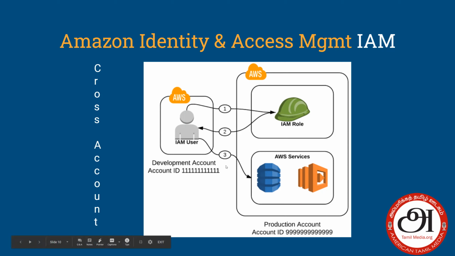And in addition to that, you can also grant them cross account privileges. In this case, it is called a cross account role. The user in development on the left side is assigned a role in a production environment. This is called a cross account role.